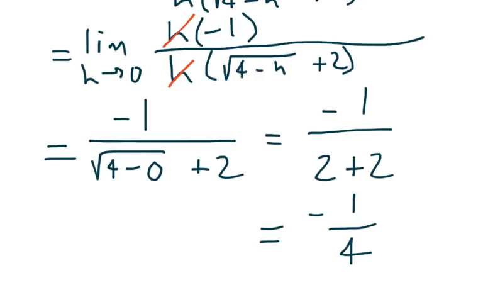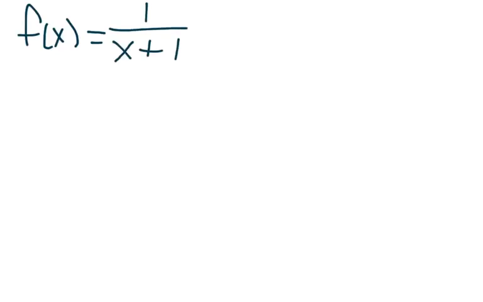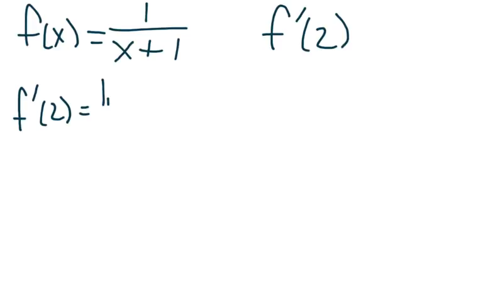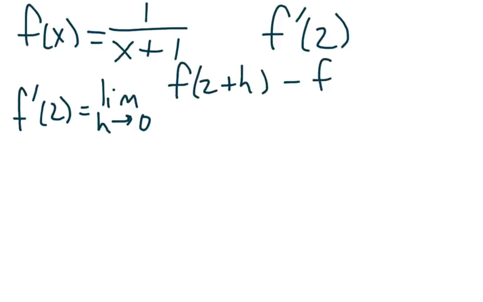Let's do one more example. Let f of x equal 1 over x plus 1, and let's find f prime of 2. The definition says f prime of 2 is the limit as h approaches 0 of f of 2 plus h minus f of 2 all over h.